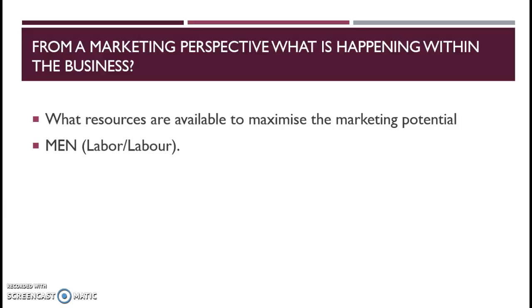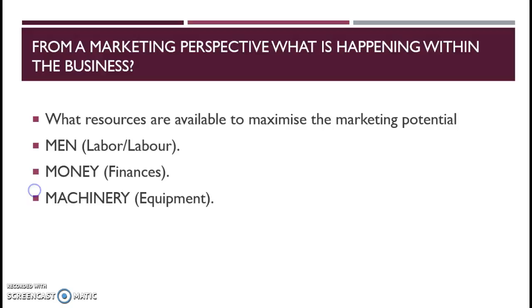Now, in this instance, just an easier way to remember it, maybe thinking of the M's: men, in the case of labour, money, finances, machinery, and also minutes, because time is a key resource as well to think about in maximising the potential of marketing.